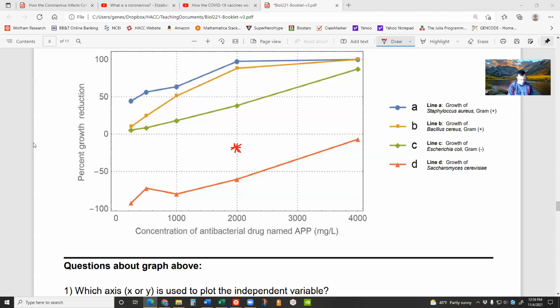So getting back to this conversation, I think the most realistic thing we can say explaining this difference in response to the drug is that the yeast, which is S. cerevisiae, is eukaryotic, right? And the other 3 cells are prokaryotic.